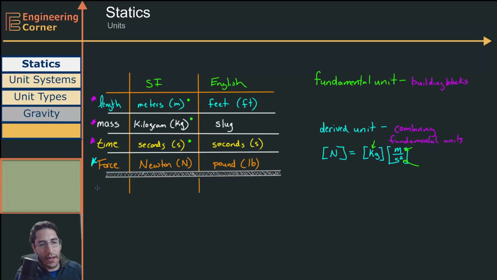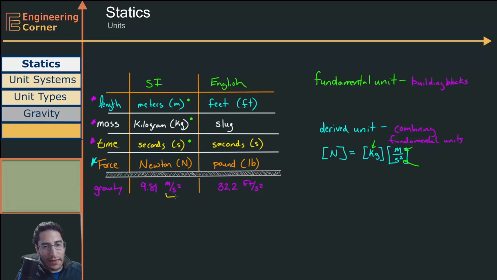Now let's just look at the values that gravity has in these different systems. In SI units, we have a value of 9.81 meters per second squared. And in English units, we have a value of 32.2 feet per second squared.